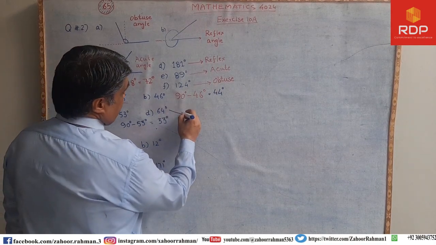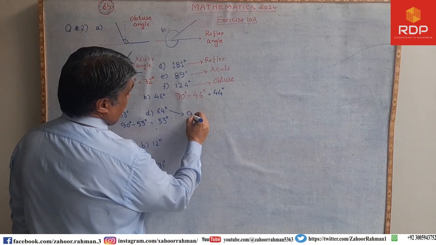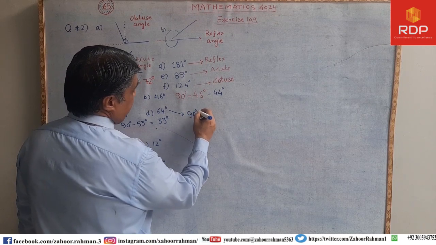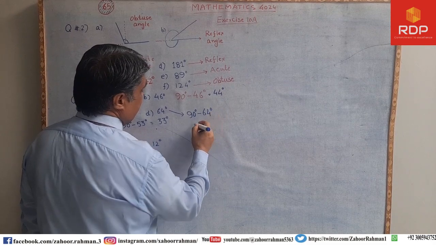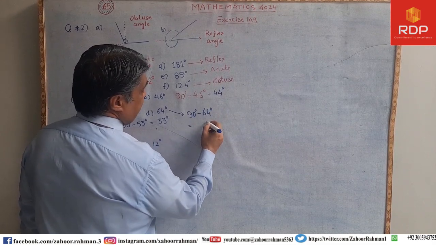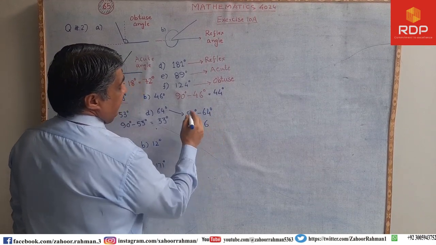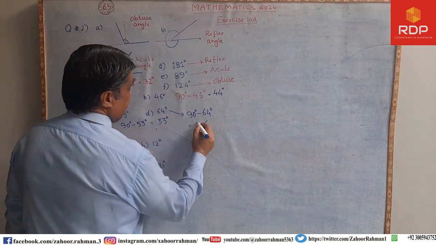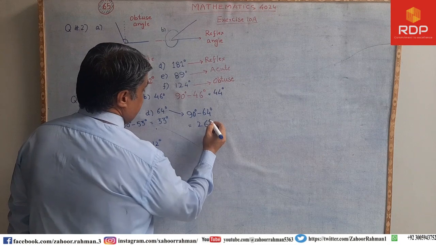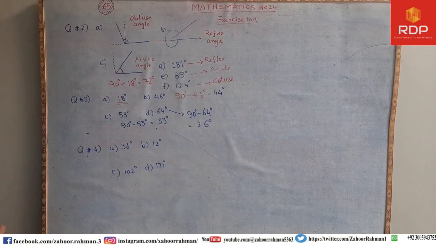Now the last one is 64. So 90 degrees minus 64 degrees, we have 6, and then from 8 if we subtract 6, it will be 26 degrees.